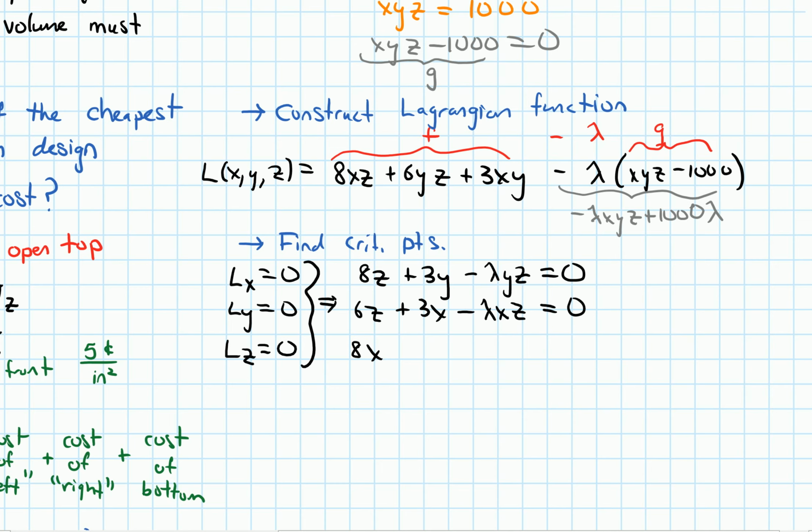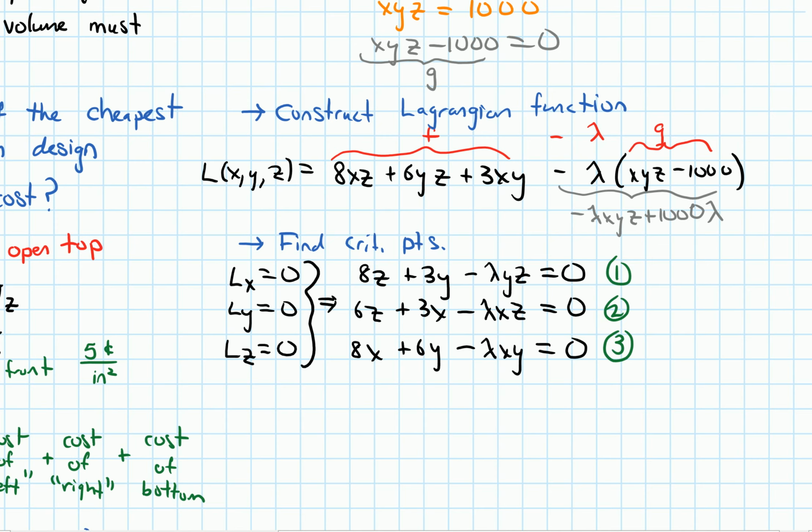For the next term, I'll get plus 6y. For the third term, I'll get 0 because there's no z's in it. For the fourth term, we will get minus lambda xy. The last term has no z's, so that partial is 0. And this equals 0.